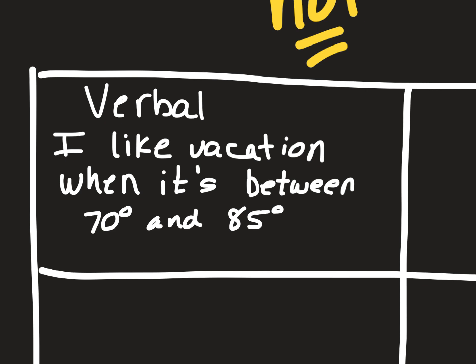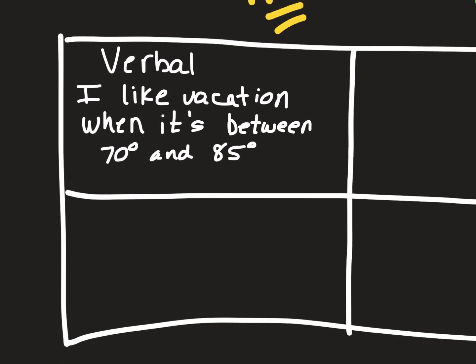So this is an example of a compound inequality. You probably haven't seen one of these, this is usually new stuff, you probably didn't learn this in 7th grade when you did inequalities. So here's how you would write it. X is going to be the temperature I like. Now, it says between 70 and 85. Does that include 70 and 85?